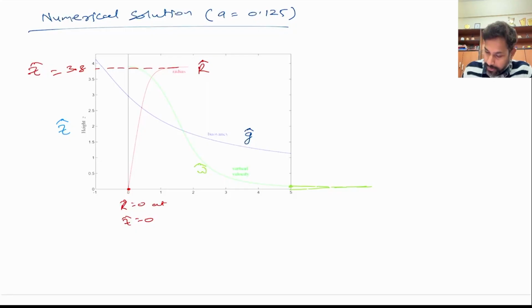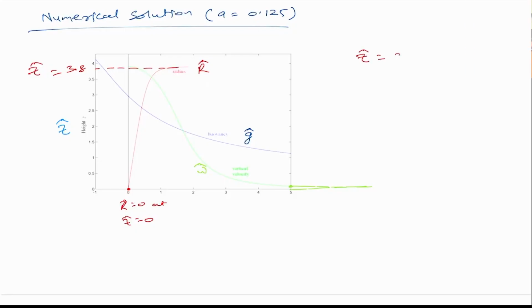So at z hat equal to 3.8, w hat is equal to 0, and r hat tends to r max. Okay, and r max is not an exact value, it just keeps expanding, right? Because you're continuously injecting fluid, that injected fluid has to go somewhere.